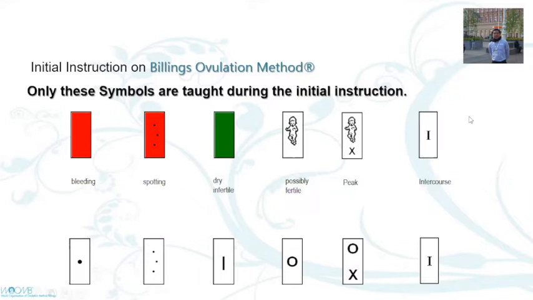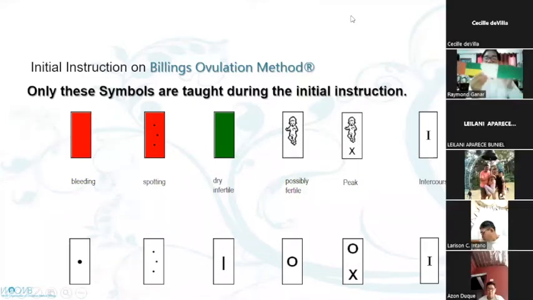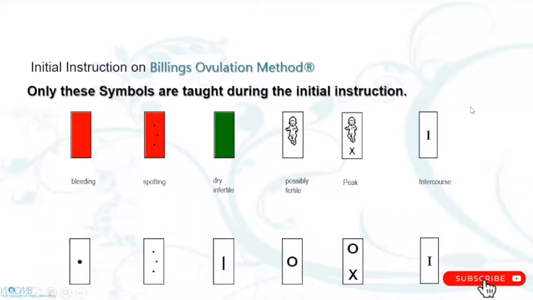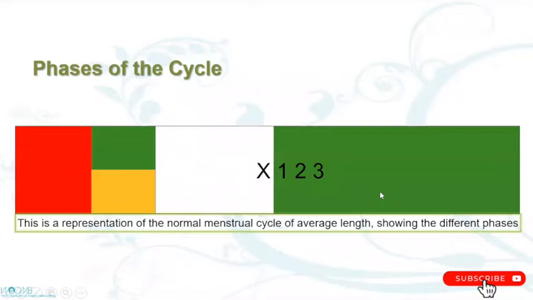And take note, we are not teaching the equal sign or the yellow color. During the initial instruction, we don't teach the yellow color or the equal sign. Only the following symbols are taught during the initial instruction. Now, how to use the slide rule in teaching the Billings ovulation method?